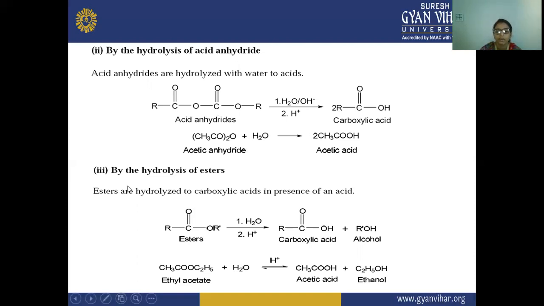Next is the hydrolysis of ester. From the hydrolysis of an ester, there is a formation of a carboxylic acid. Esters are hydrolyzed to carboxylic acid in the presence of an acid.